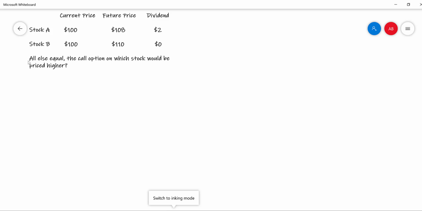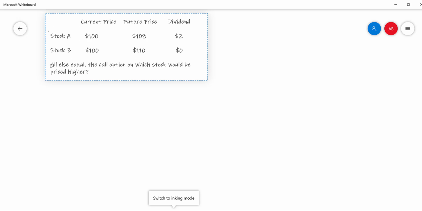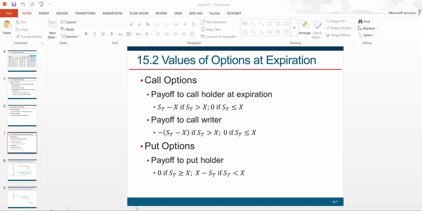So the question is, as I've written here, all else equal, the call option on which stock would be priced higher, A or B? So again, remember, the payoff from the call option is ST minus X, right?